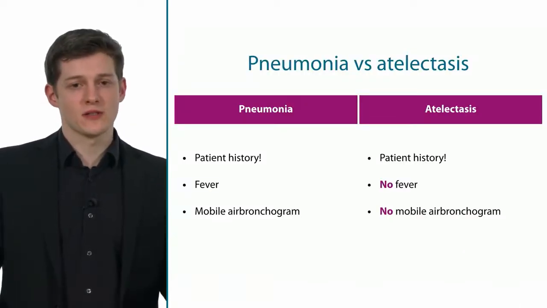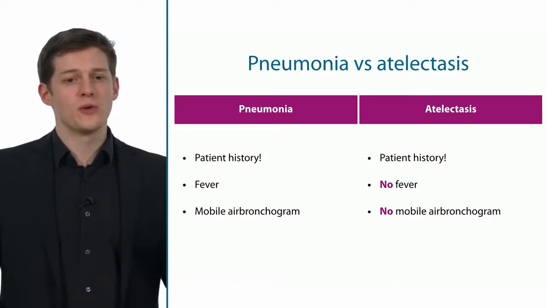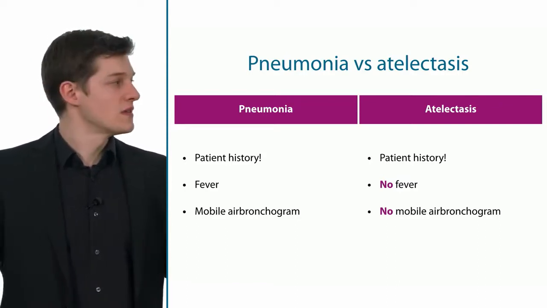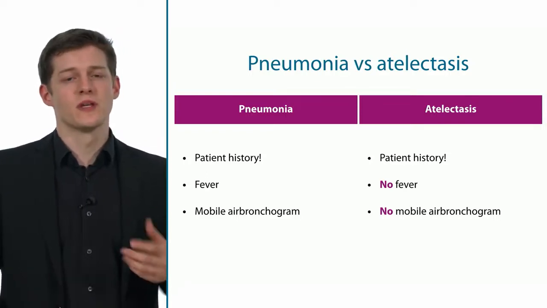But Martin, how can we differentiate between a pneumonia and atelectasis, where you also have dense tissue which might appear as if there's hepatization? That's a very, very good question. We can differentiate, of course, with the patient's history. Do we have a patient who is terribly sick, or do we have a patient with probably just dyspnea?